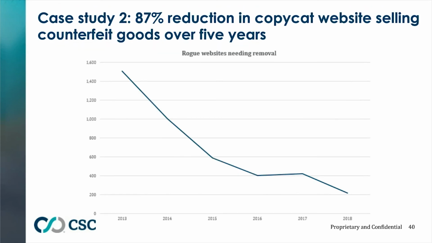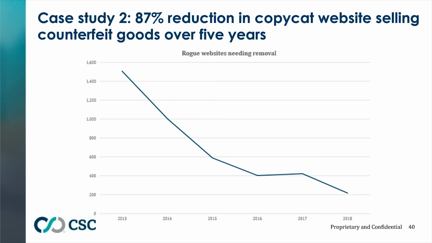So the second case study is for a luxury brand, and it's a brand we've been working with for many years. Over a period of about 5 years, we made a reduction in the number of copycat websites popping up. These are websites with the brand in the domain name, perhaps with outlets, so brandoutlet.com or branddiscount.net, those kinds of sites with shopping cart, use of logo, selling counterfeit goods.